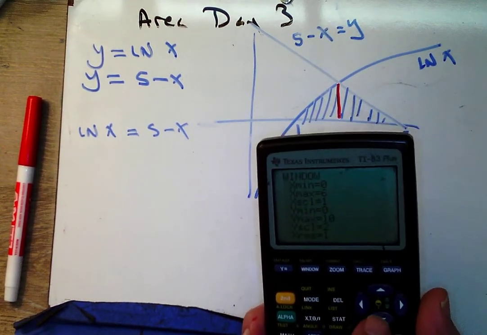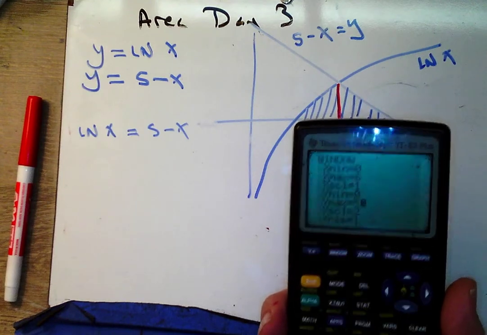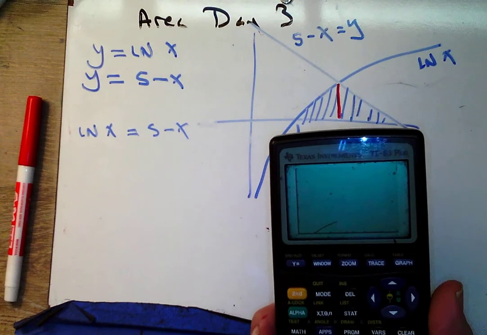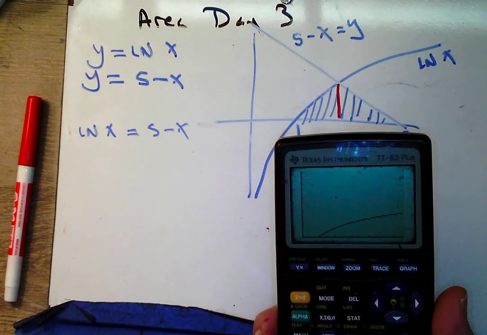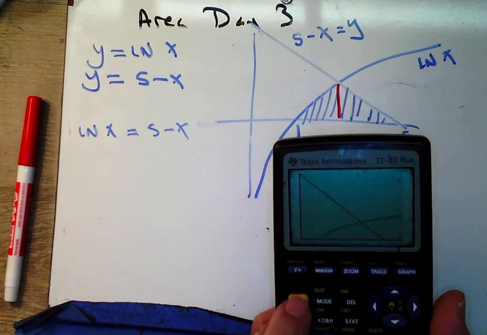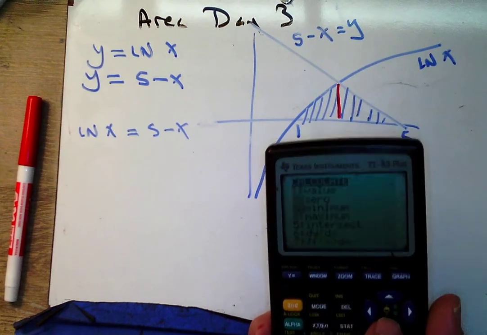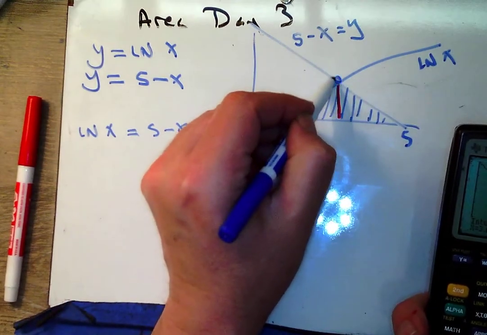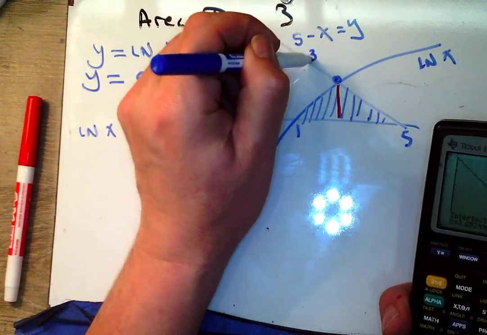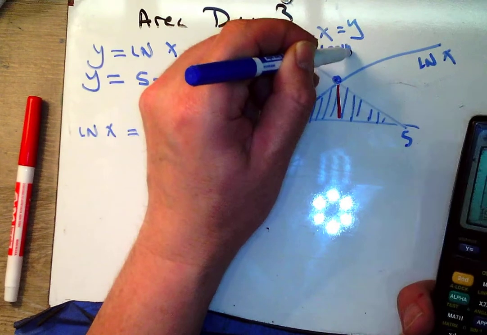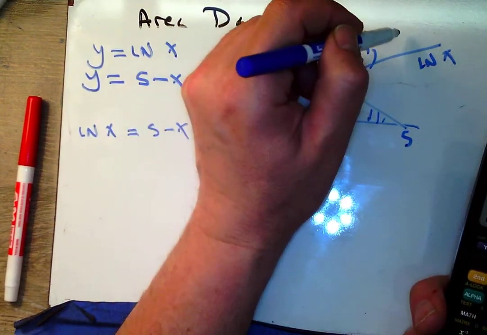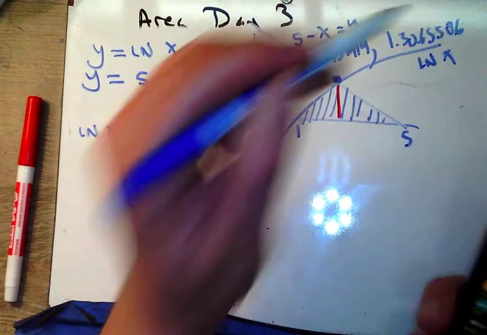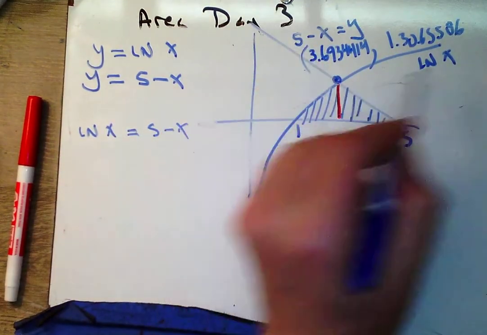So I'm going to go 0 to 5 in steps of 1. Graph. Okay. And here, and we integrate. Second, calculate, we intersect. 1, 2, 3. And I get that ordered pair is 3.6934414, comma 1.30655586. Okay, there's our ordered pair.